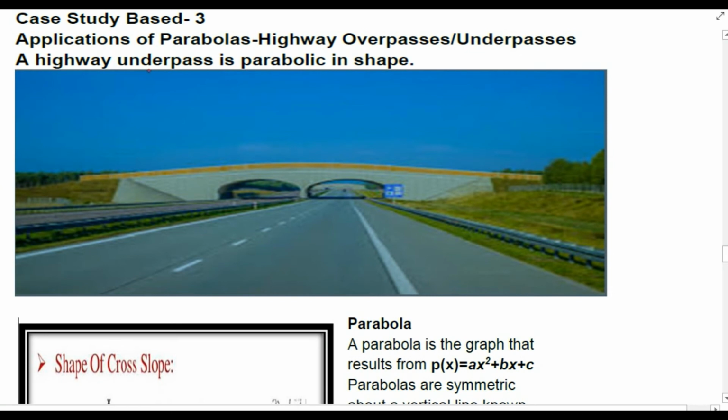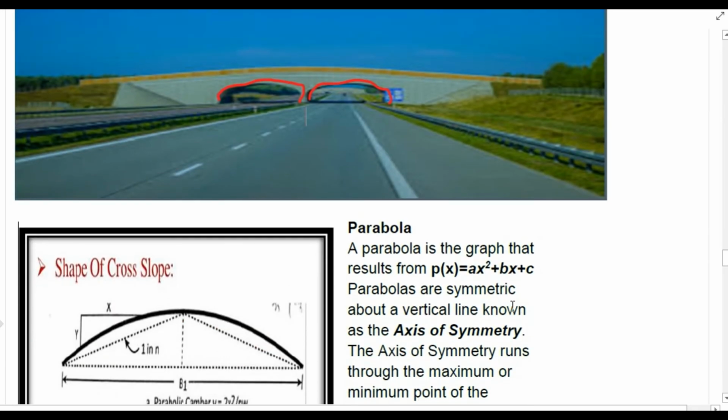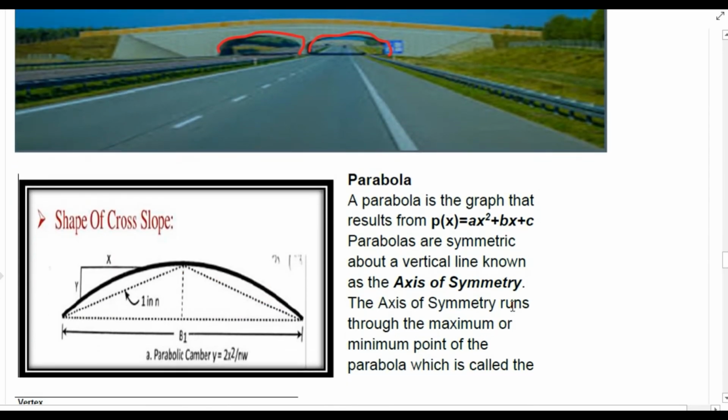Now next, question number 3, case study based, application of parabolas, highway overpass or underpass. We can see here in this picture a highway underpass is parabolic in shape. Now a parabola is the graph that results from P of x is equal to x square plus bx plus c.